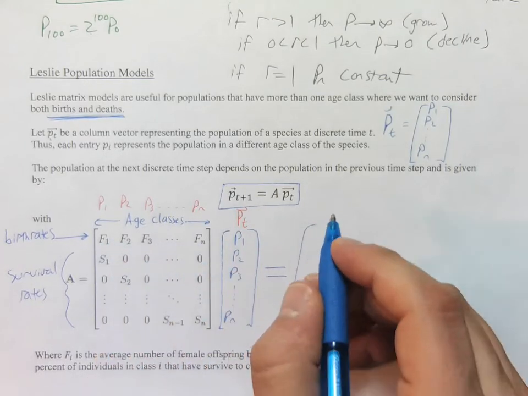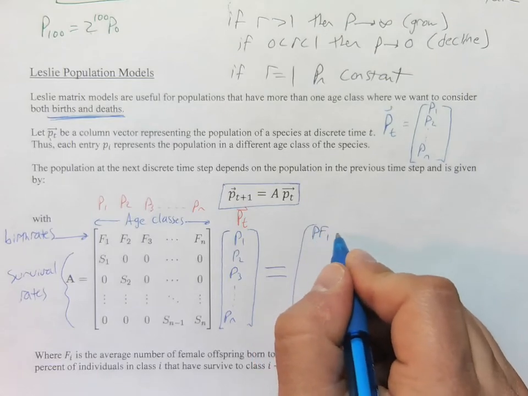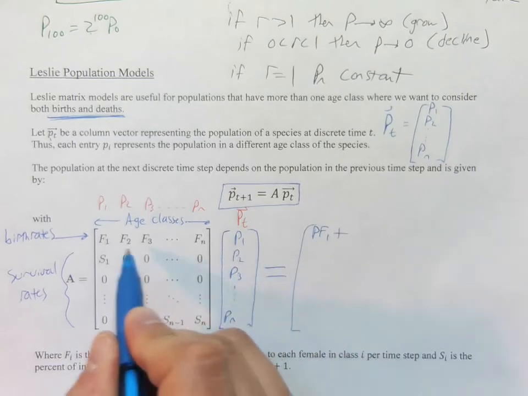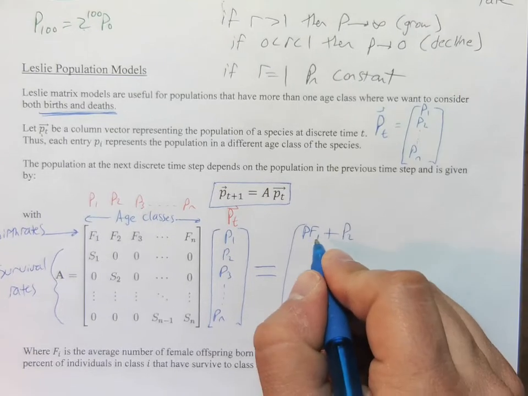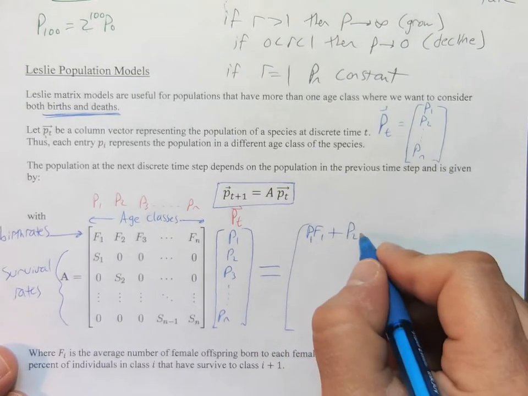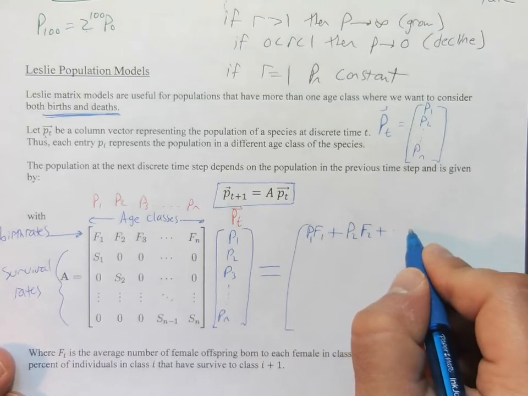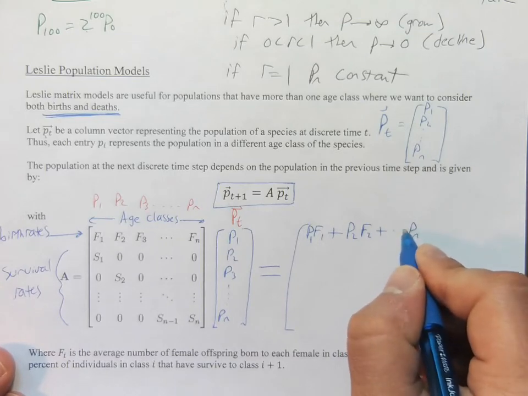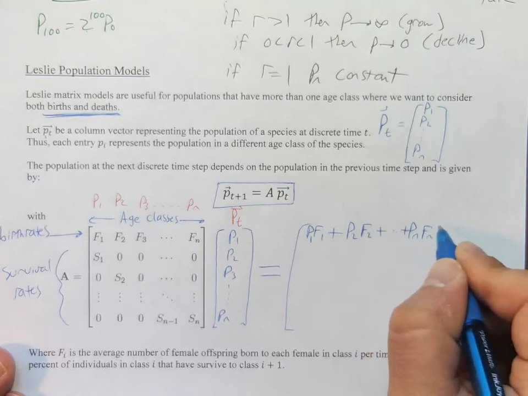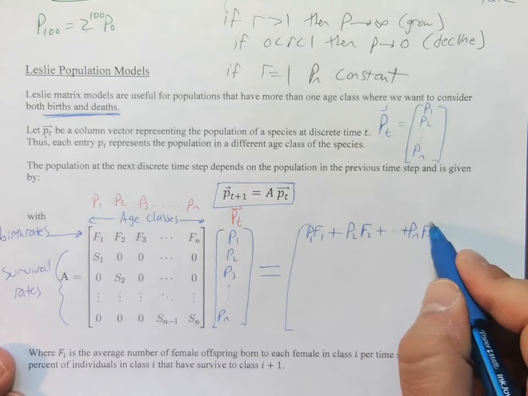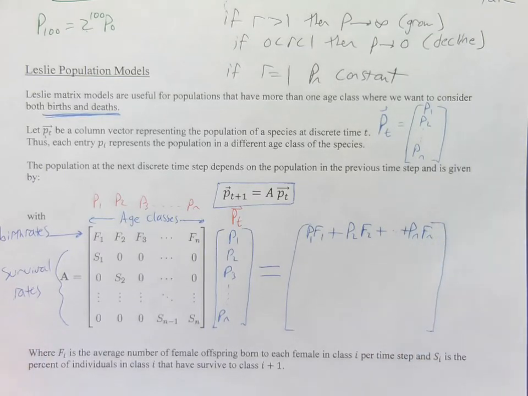P1 will multiply F1, so P1 F1, plus P2 will multiply F2. Oops, this would be a 1 right there. And then all the way up to the last ones, so Pn Fn. Below the first row, there's mostly zeros, right?